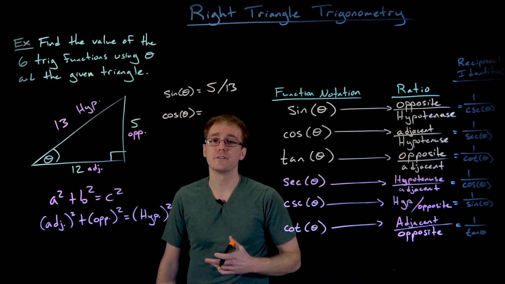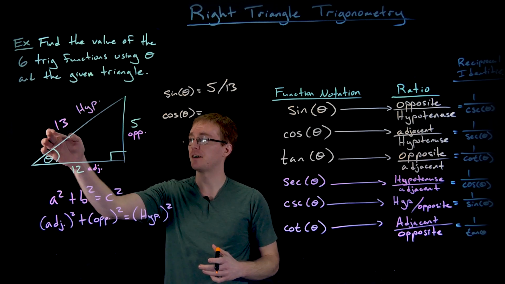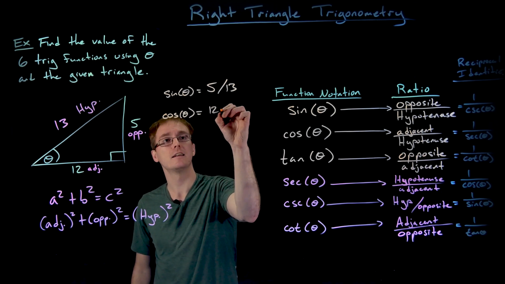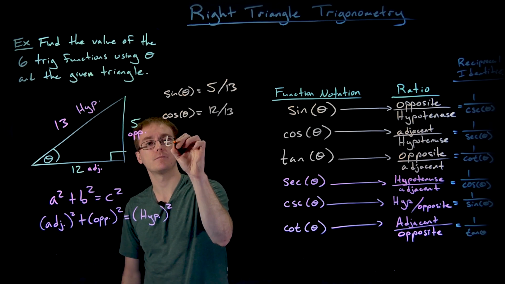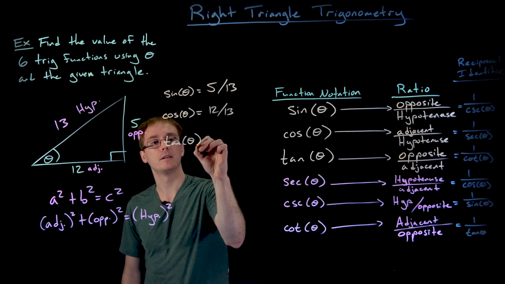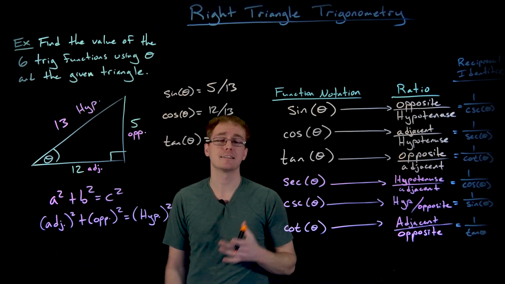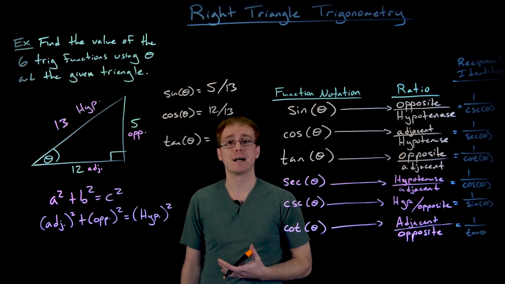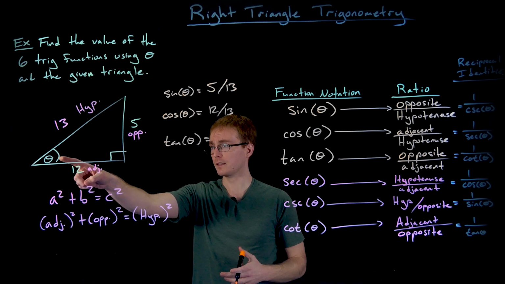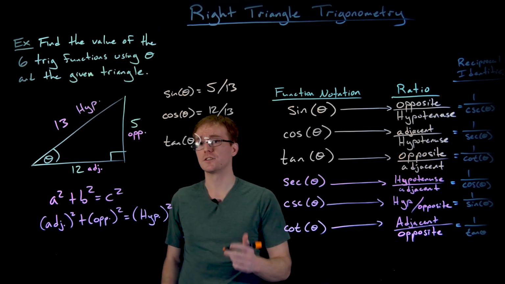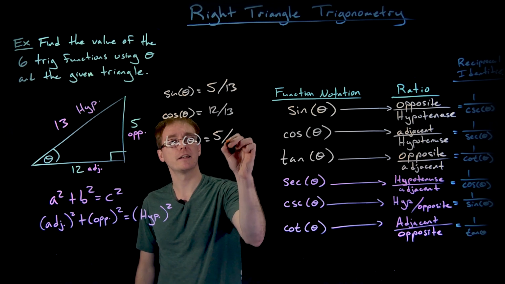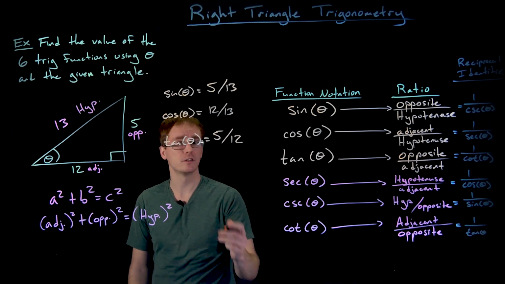Cosine of theta is the adjacent side length divided by the hypotenuse, so that'll be 12/13. Up next is tangent of our angle theta. Tangent we define as the opposite side length divided by the adjacent side length. The side opposite our angle theta is 5 and the adjacent side length is 12, so tangent of theta should be 5/12.